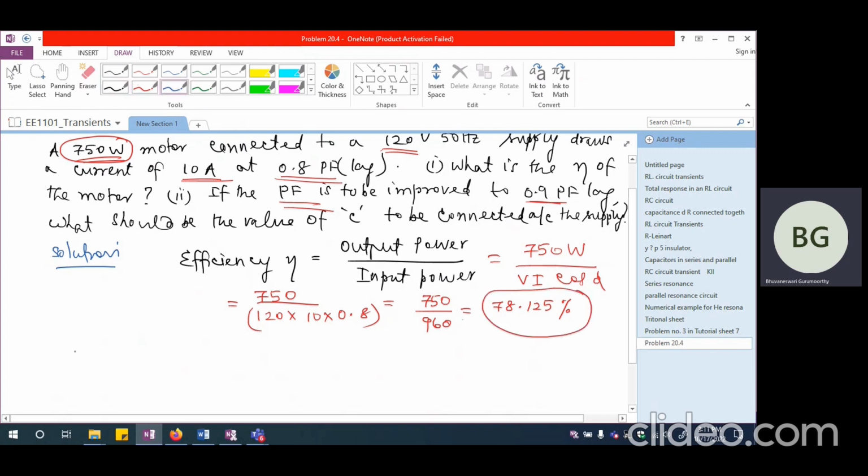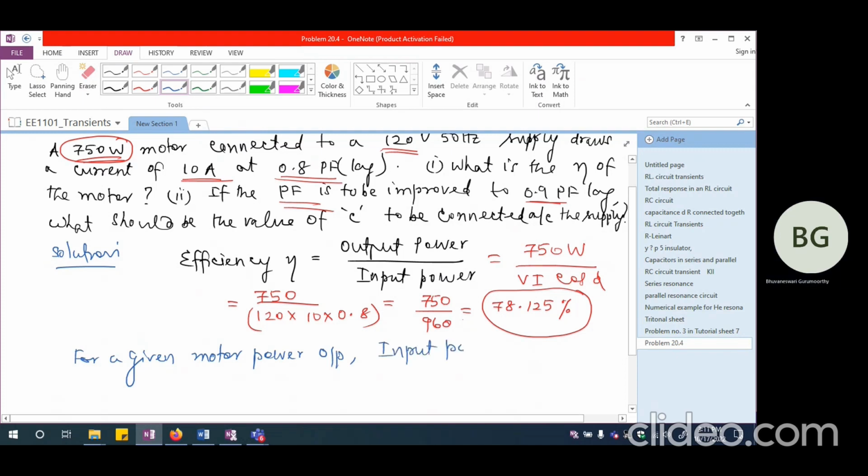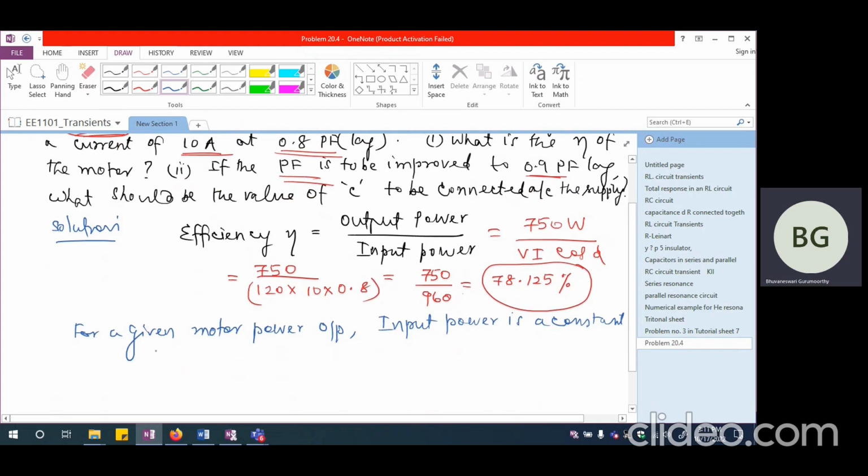So for a given motor power output, input power is a constant. It's not going to change. We are not going to improve the efficiency or anything. So real power is a constant at 960 watts. This is what it is drawing from the power supply.